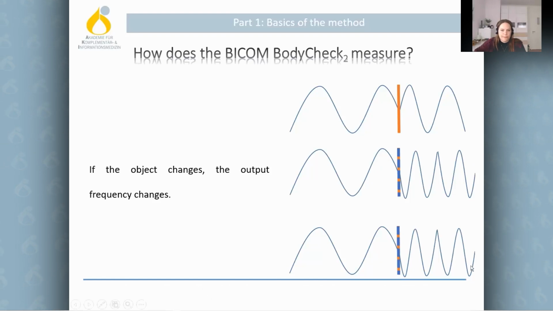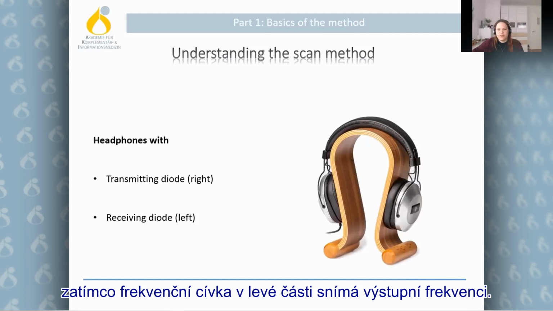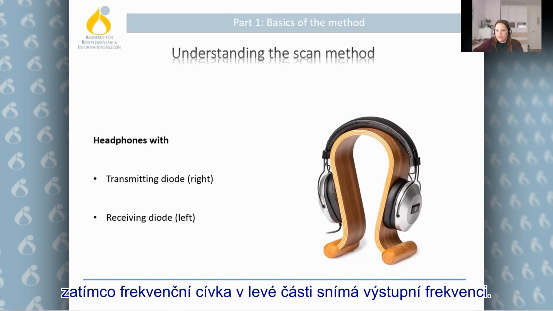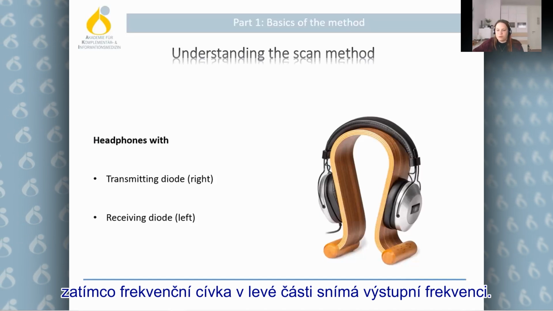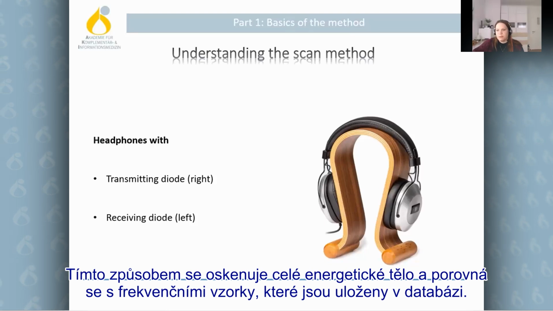So next picture. The frequency coil contained within the right side of the headset sends the information to the patient, and the frequency coil contained within the left side of the headset receives the return or outputted information. In this way, the energetic body is scanned and compared with frequency data stored in the database.